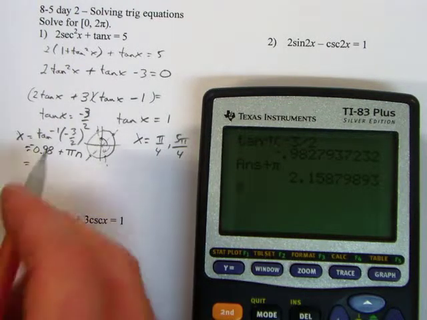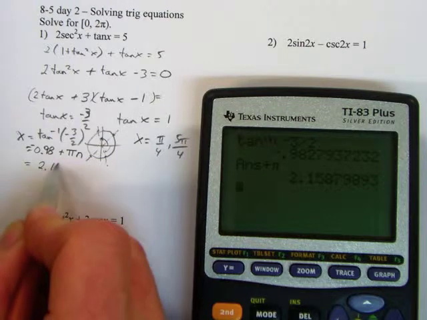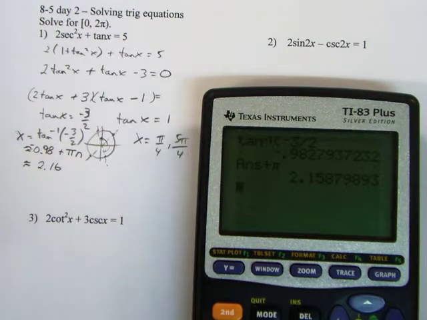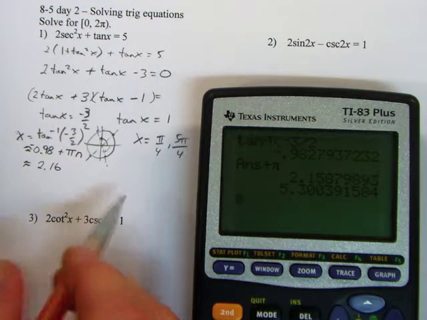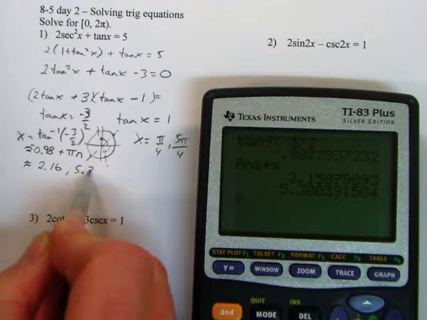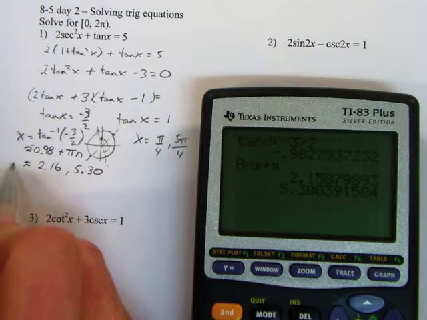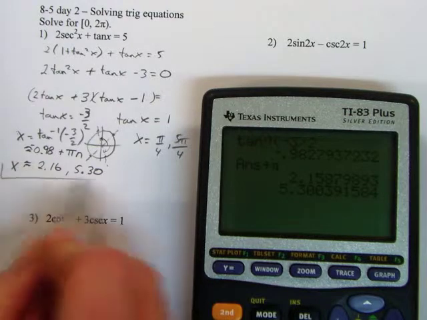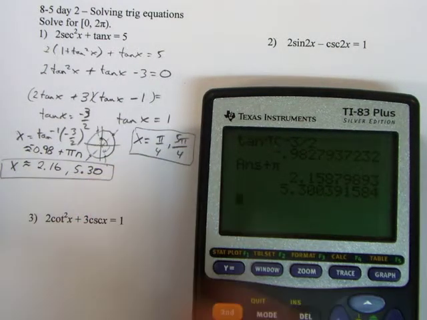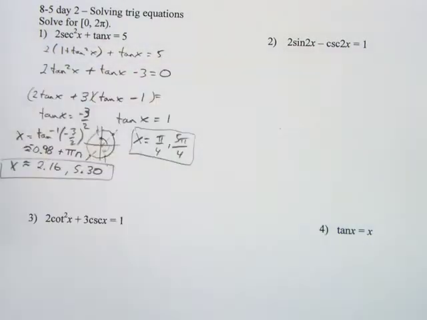And that gives us our 2.16 approximately. And then all you have to do is hit enter one more time, and it adds that pi again, so we get 5.30. Remember, if you're going to go to 2 decimal places, you need to actually write both decimal places, even if it's 0. So we have 2 answers. 2 are approximate. 1 is exact.